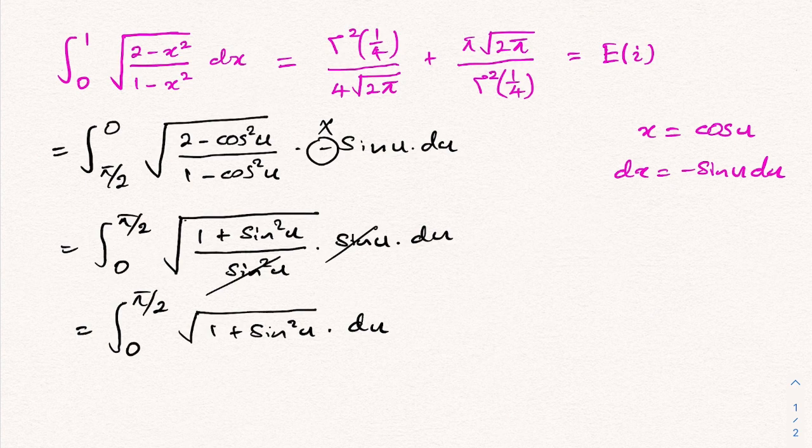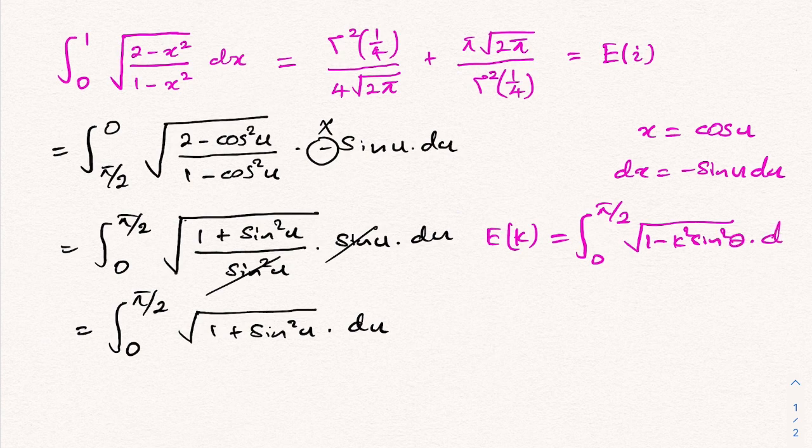Well, then recall the complete elliptic integral of the second kind. We know the formula E(k) is equal to the integral from 0 to π/2 of the square root of 1 minus k² sine squared of theta d theta. Then if we take E(i) instead of k, now we are going to plug in i. We know 0 to π/2. Here 1 minus k², k we know now is i, so i² is minus 1.